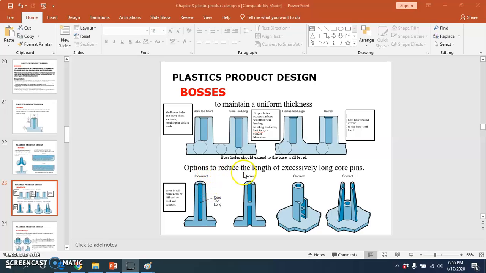This is some options to reduce the length of an excessively long core pin. Consider coring a tall boss from two sides or extending tall gussets to the stand's full height rather than the whole boss. So we put some gussets here to support the bosses.